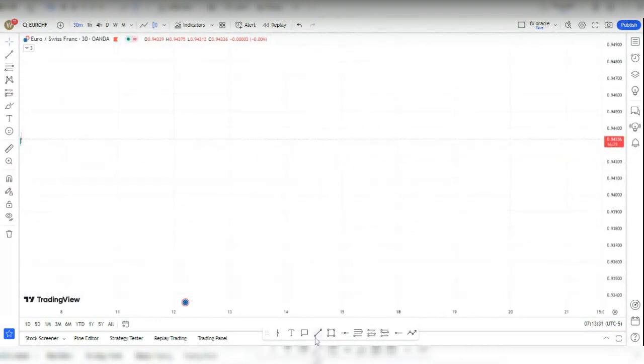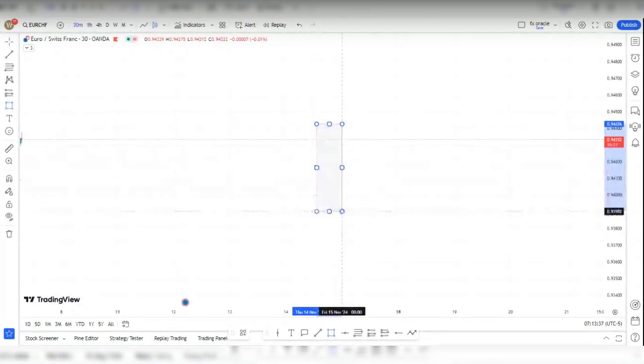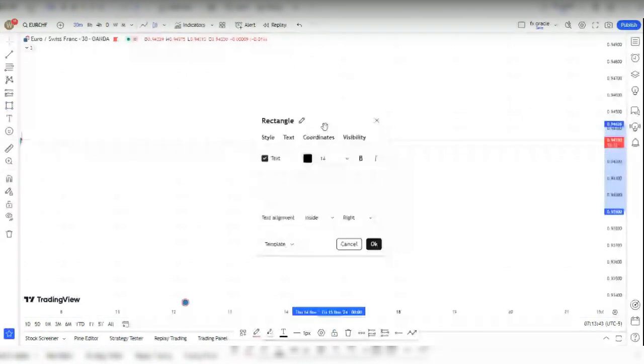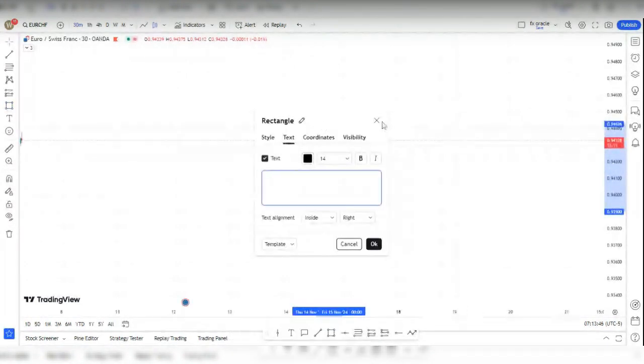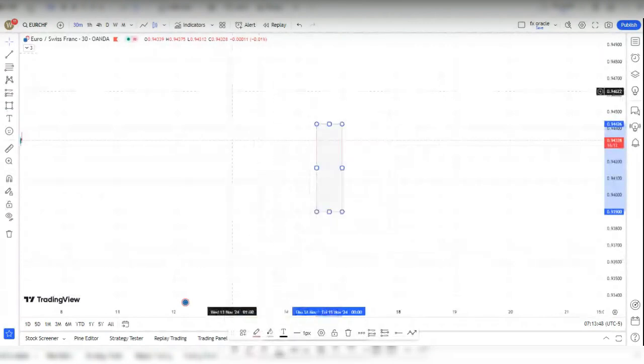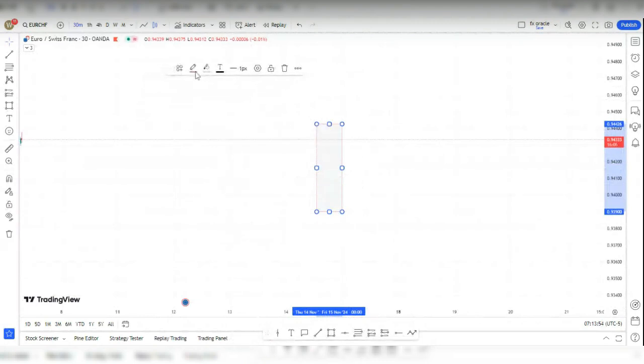So now, basically, for a normal candle, let's take this as a candle. Let me change the color so that we can see the candle very well.